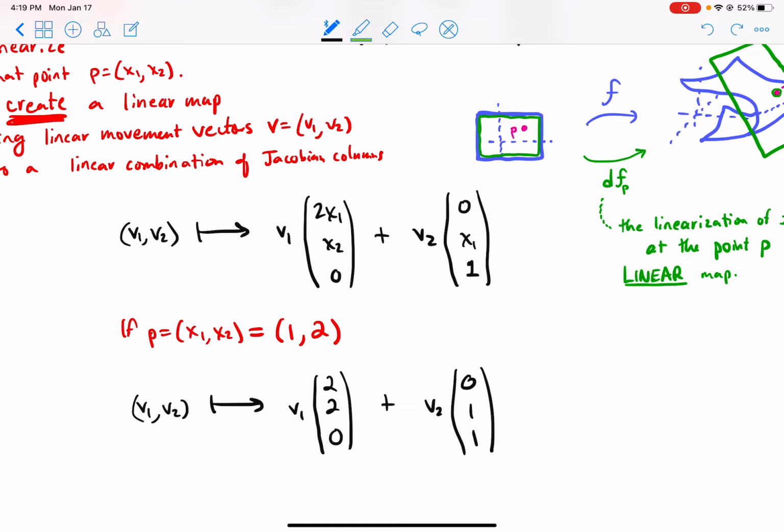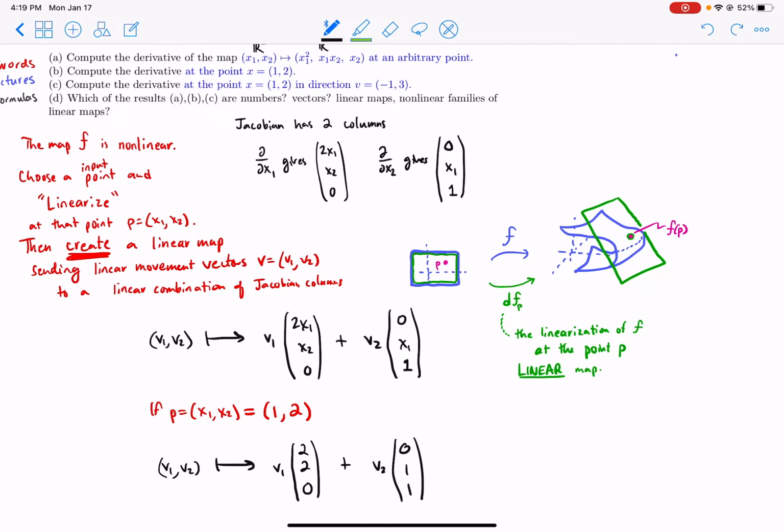And so the Jacobian columns now become actual vectors. And we just take a linear combination of those actual vectors. And that's why we get some sort of flat thing. This green thing becomes flat. Because all we're doing is taking linear combinations of the derivative of these curves. So somewhere is this curve, which has that derivative, somewhere is that curve, the vertical curve, which has some other derivative. And then we just take linear combinations, which will give us this flat thing.